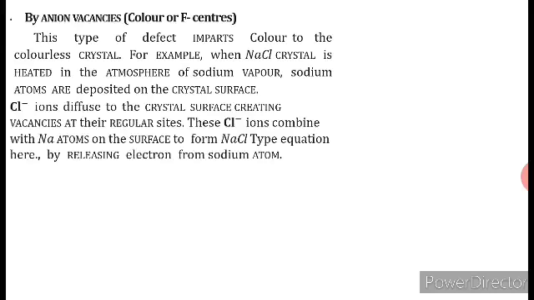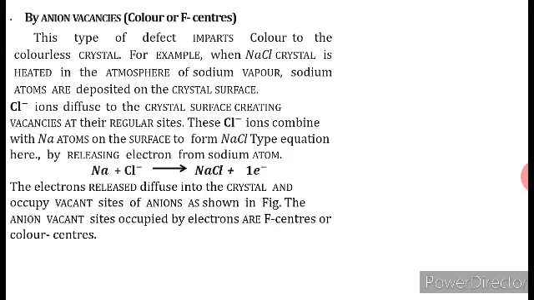In this way the chloride ion diffuses to the surface, producing the vacancy on its regular site, which will be occupied by the electron lost by the chloride ion itself during the reaction with the sodium atom deposited on the surface.